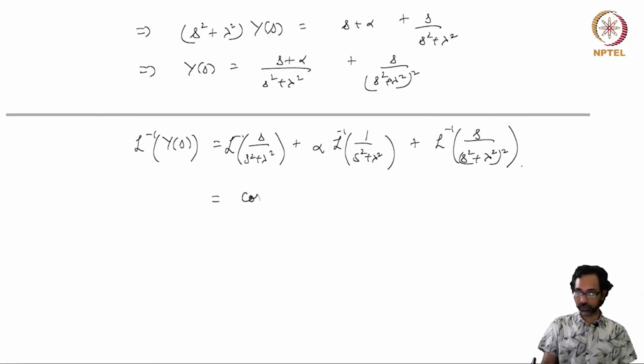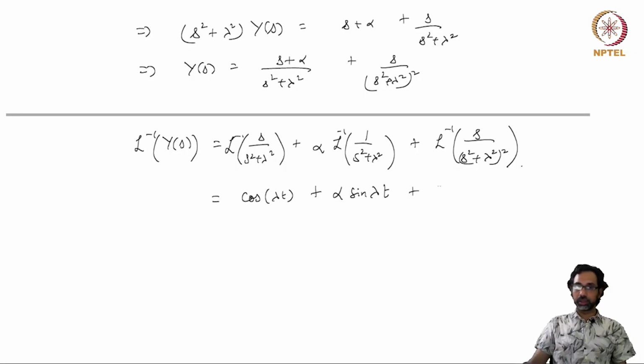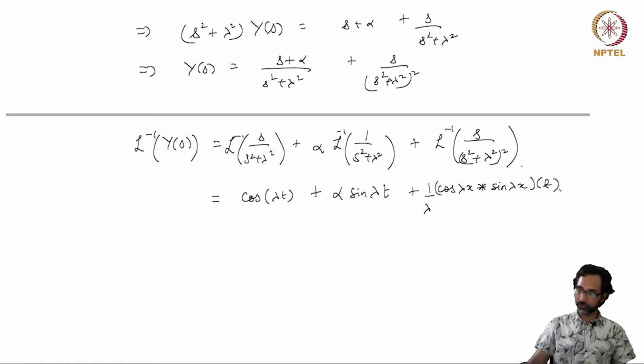In this case the first term is simply cos lambda t, the second term is simply alpha sin lambda t. The third term is the convolution of cos lambda x with sin lambda x over lambda, evaluated at t, because this can be written as two functions, s over s square plus lambda square times 1 over s square plus lambda square.